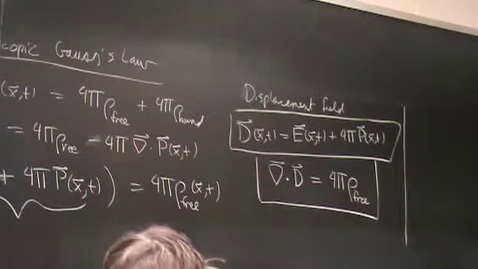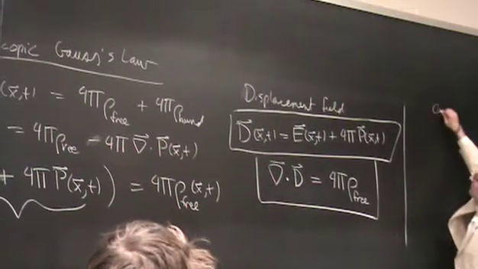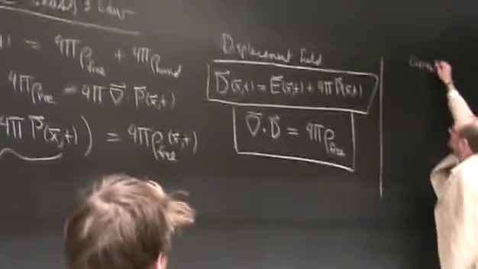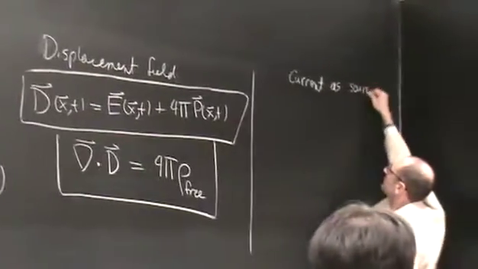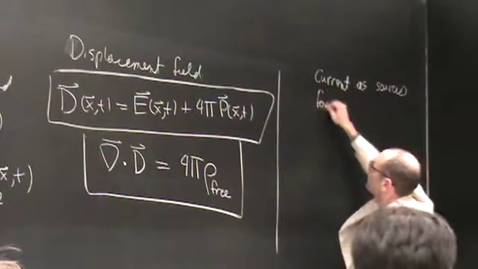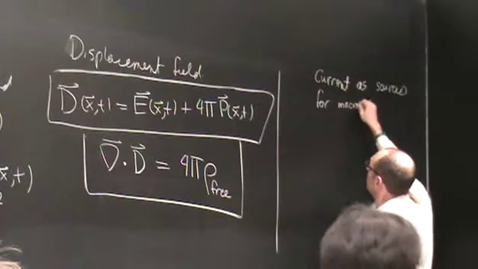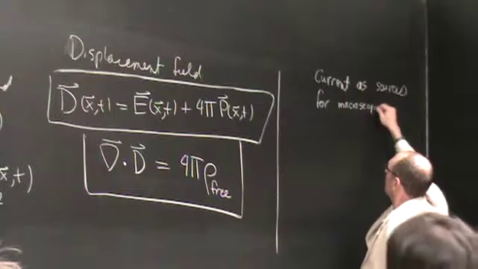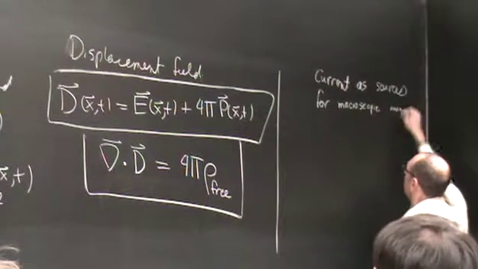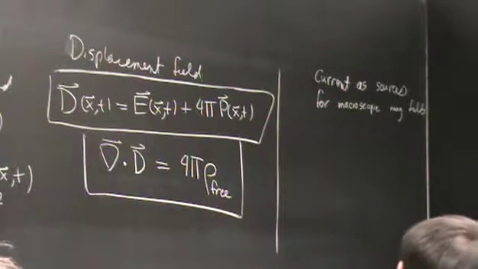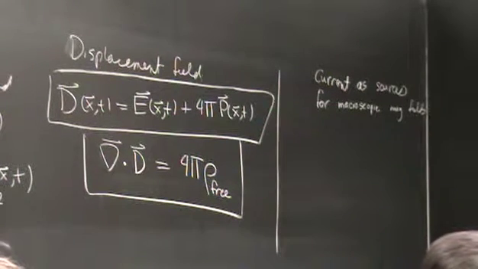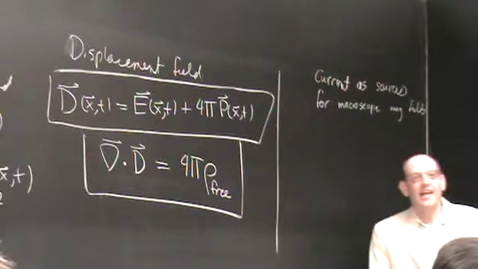Sources, that is to say the current. For macroscopic magnetic fields, well, this gets a lot messier, a lot more complicated.